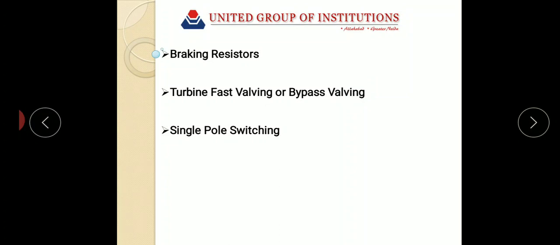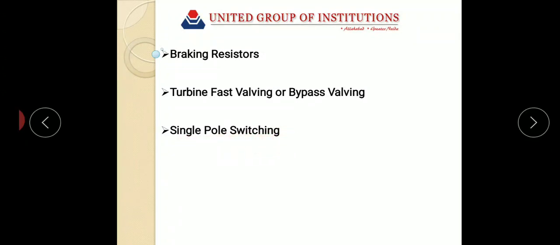So fast valving is a means of reducing the mechanical input power to the turbine during the fault. Certain steam valves are rapidly closed in about 0.1 to 0.2 seconds and immediately reopened. So this procedure increases the critical clearing time. Very important.